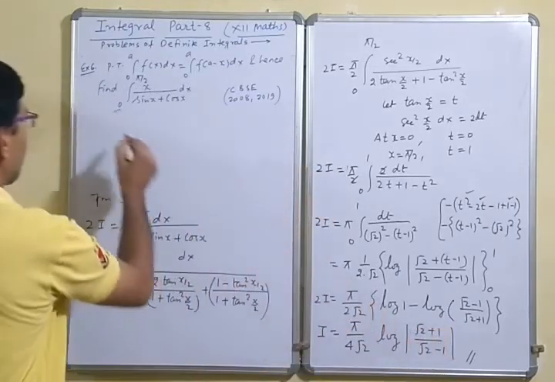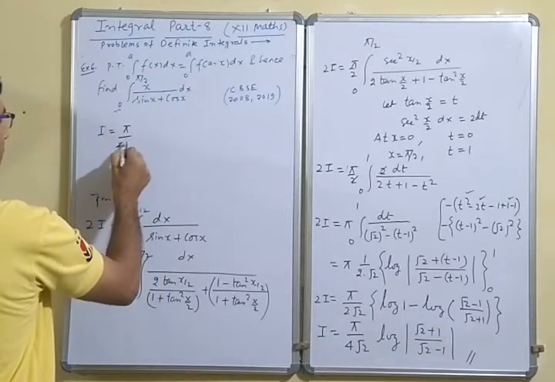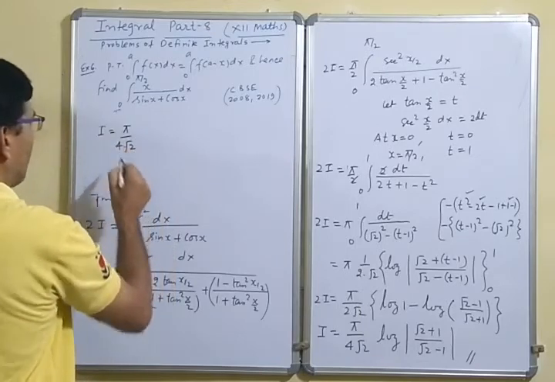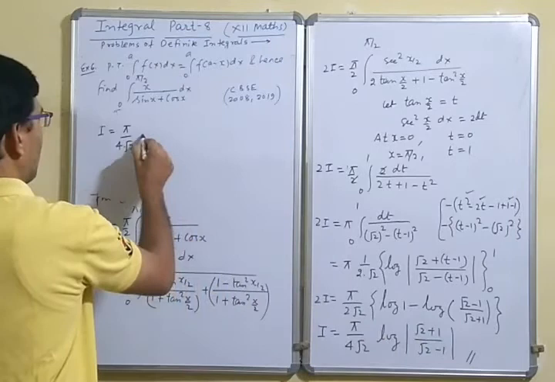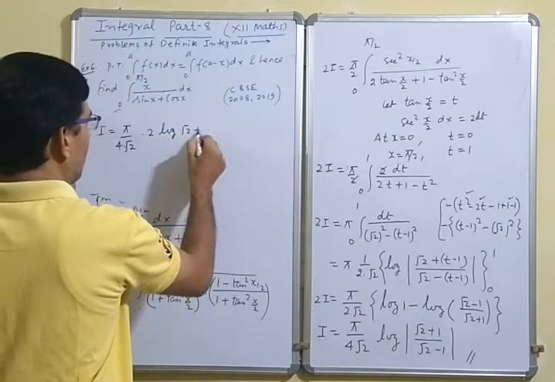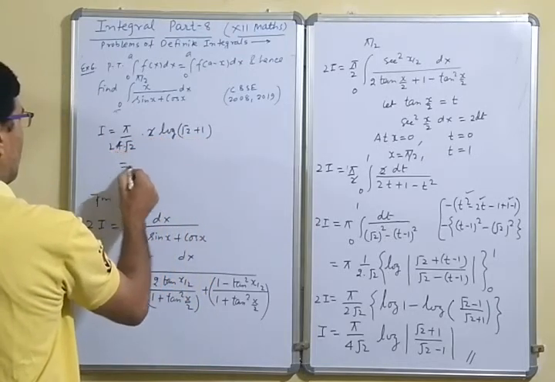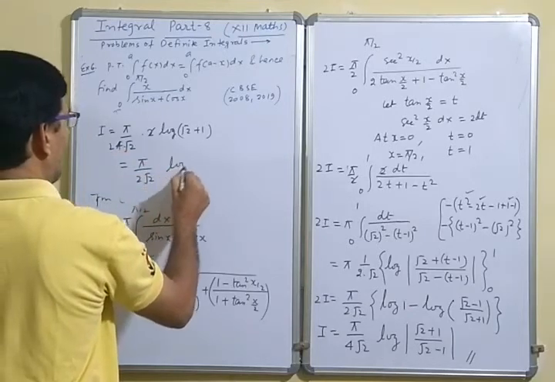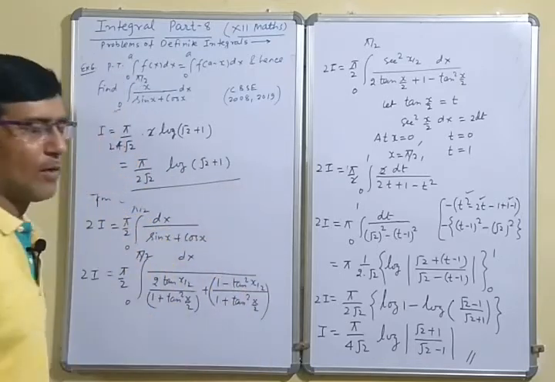Using the property of log, this can be written as 1 upon 4 root 2 times 2 log root 2 plus 1. The 2 cancels out, so it is pi by 2 root 2 log root 2 plus 1, the required solution.